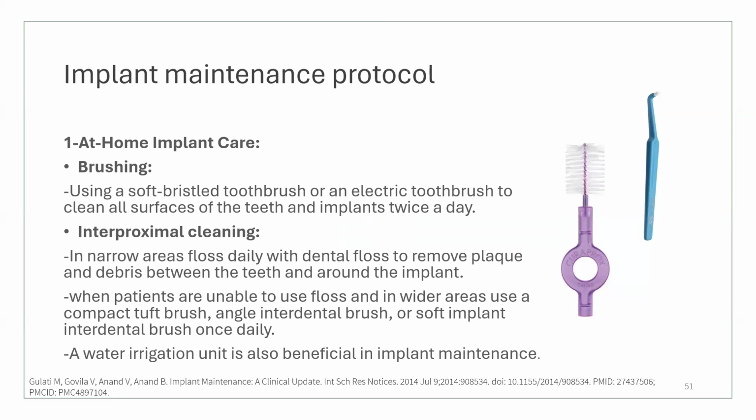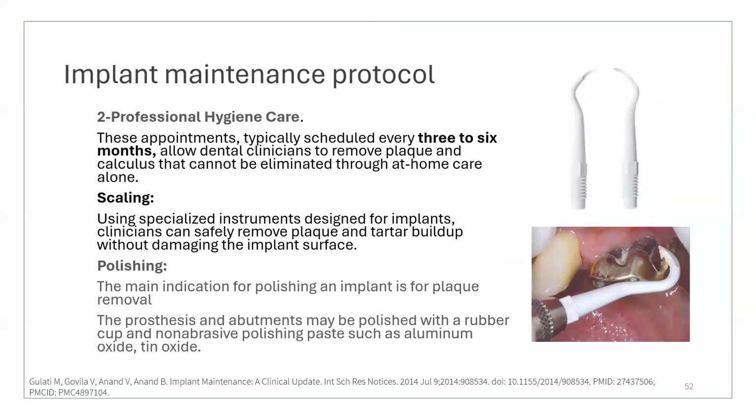They can also use interproximal cleaning. We see here the purple one is specifically made for implant restorations, especially when there are wide interdental spaces between the implants. Okay, water irrigation is useful for patients who also have problems with using interdental brushes and floss.